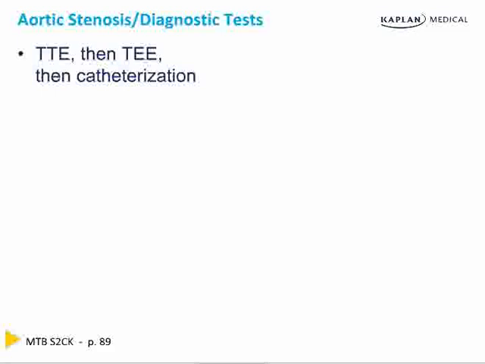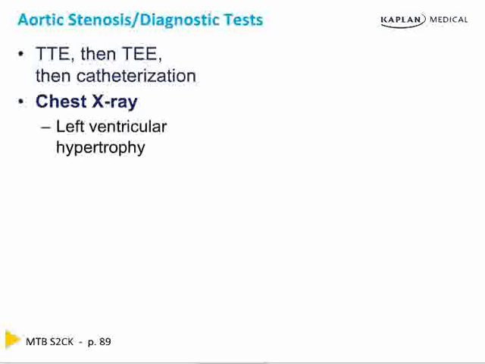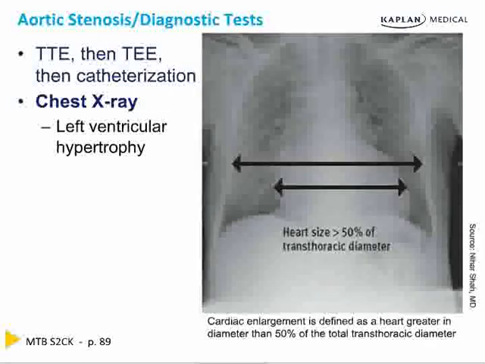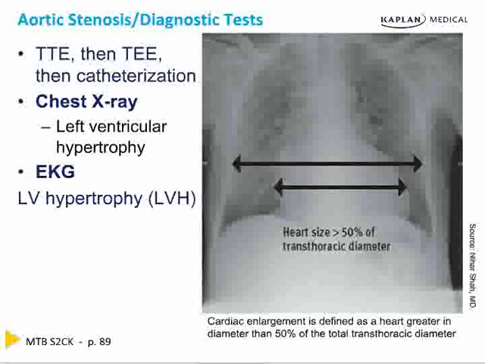Diagnostic tests for aortic stenosis. Transthoracic echo, then a transesophageal, then a cardiac catheterization is the most accurate test, and a chest x-ray will show left ventricular hypertrophy as the heart works and gets thicker and thicker, and then you'll have a larger heart as it goes beyond 50% of the transthoracic diameter, and the EKG will show left ventricular hypertrophy, with the S in V1 and the R wave in V5 being greater than 35 millimeters.